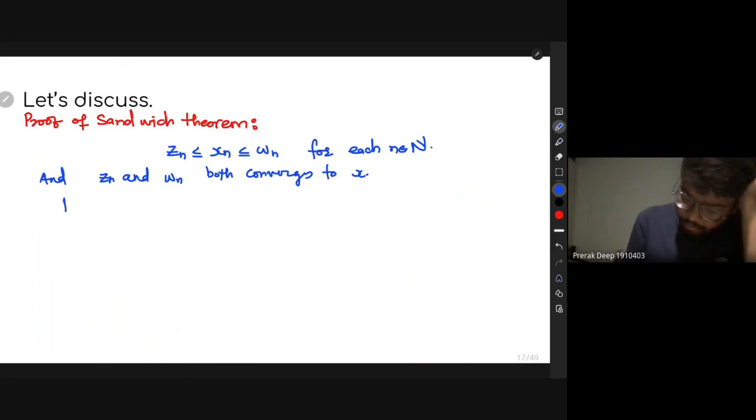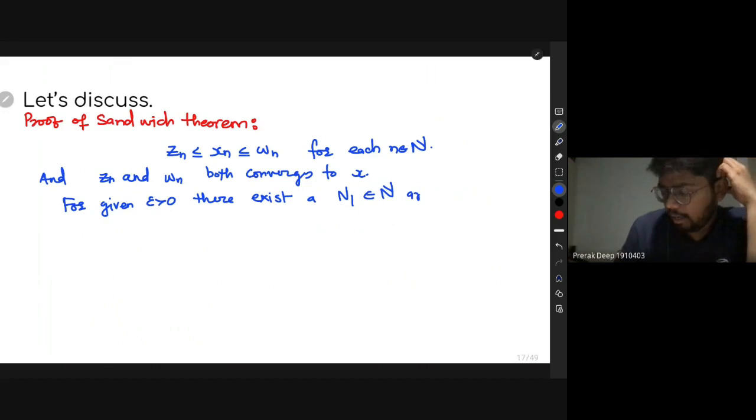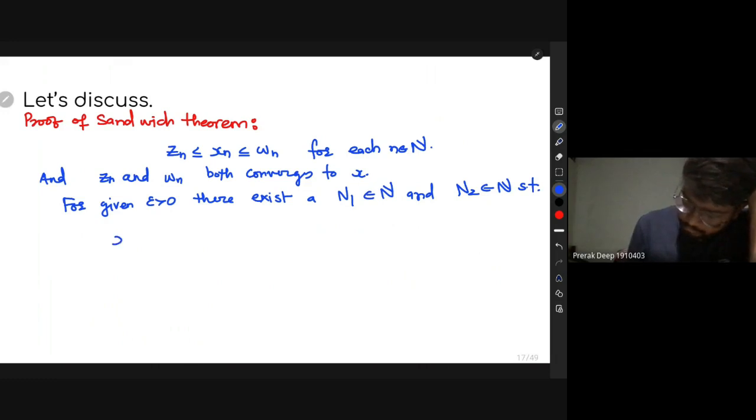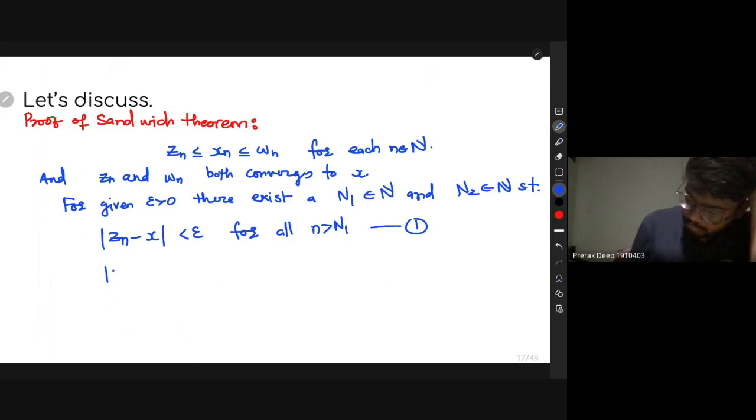That means for a given epsilon, we can find natural numbers n1 and n2 such that the modulus of zn minus x is smaller than epsilon for all n greater than or equal to n1, and the modulus of wn minus x is smaller than epsilon for all n greater than or equal to n2.